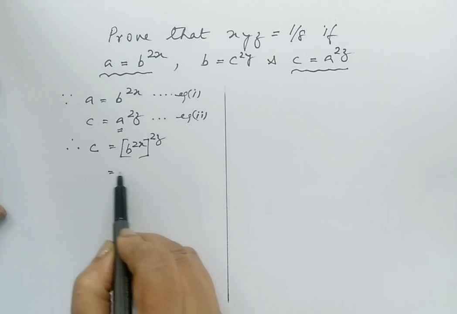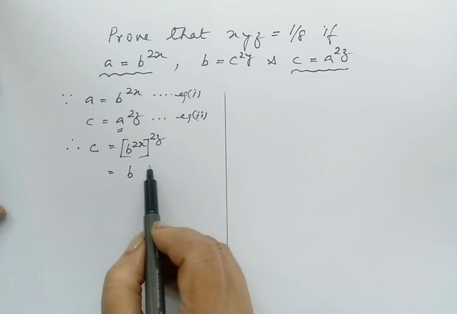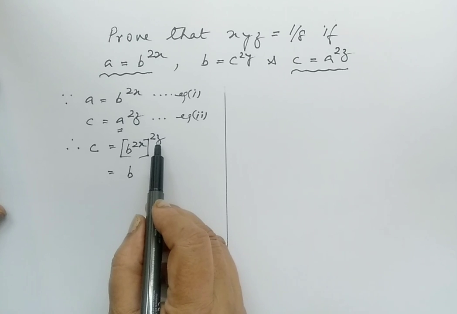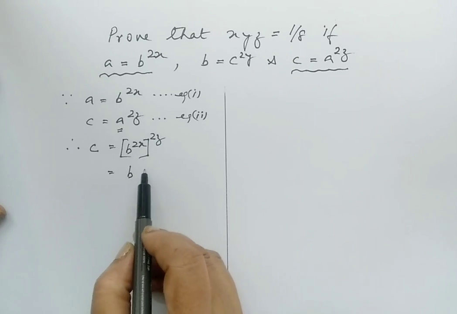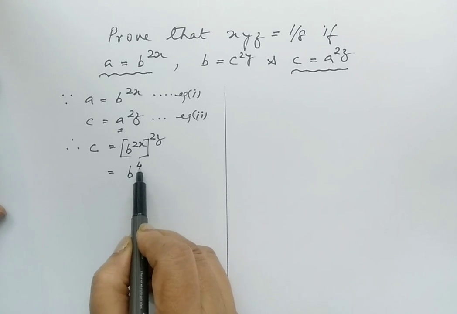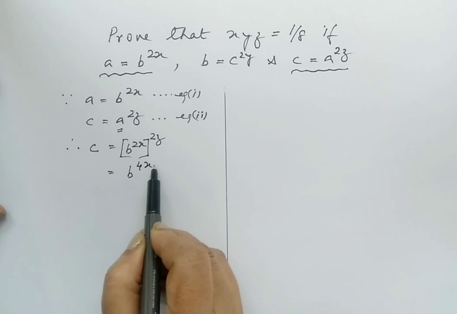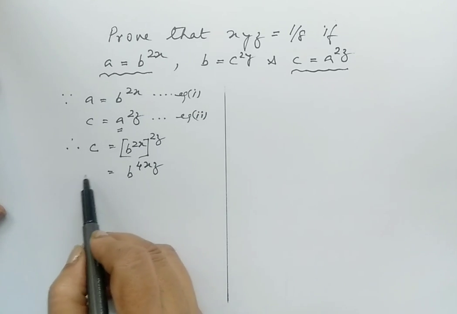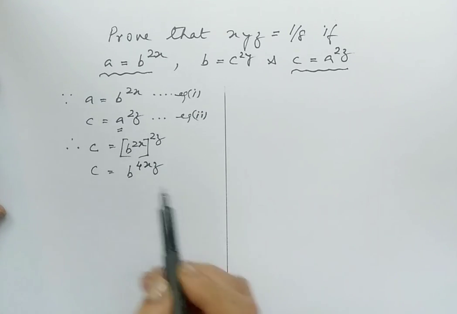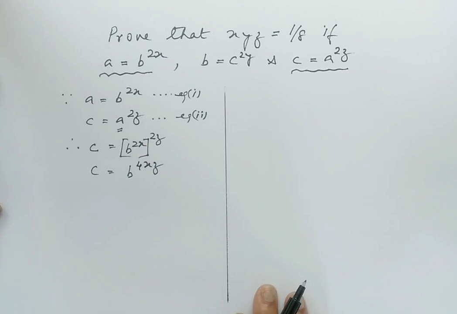So when we further simplify, you know that if this is m and this is n, we multiply the exponents. So 2 into 2 is 4 and x into z is xz. Alright, so we have therefore c equals to this. Correct?